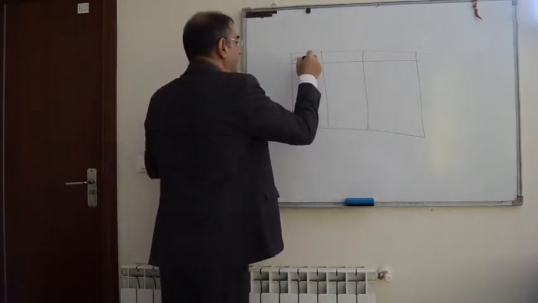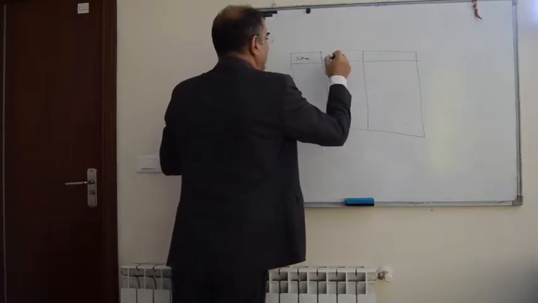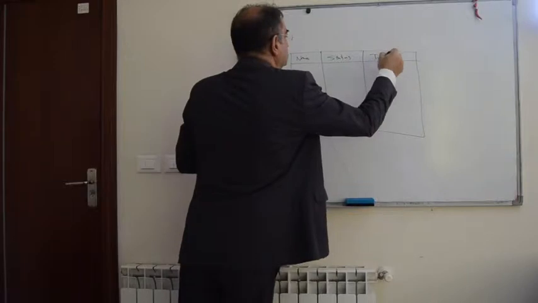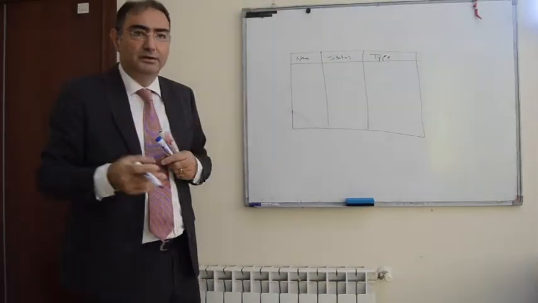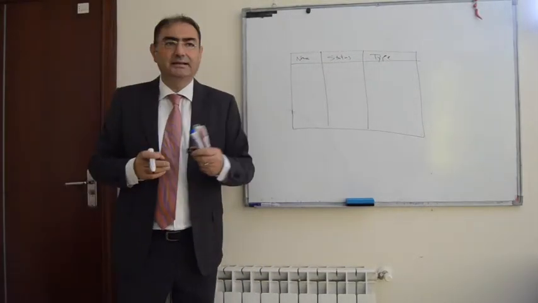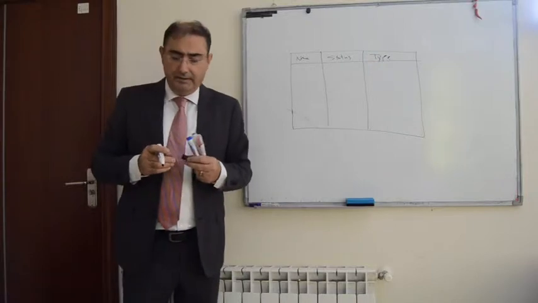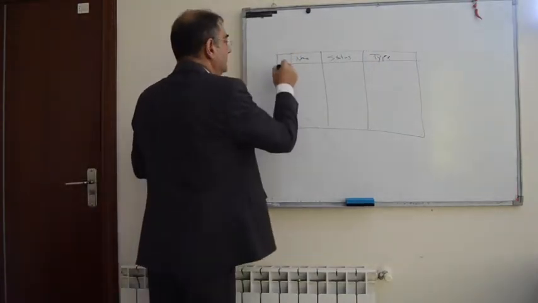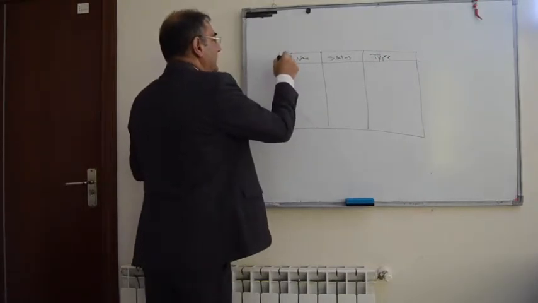It has a name, it has a status, and it has a type. Small view like this, a name and a status and a type. And let me add one more thing, there is the sequence at the beginning.